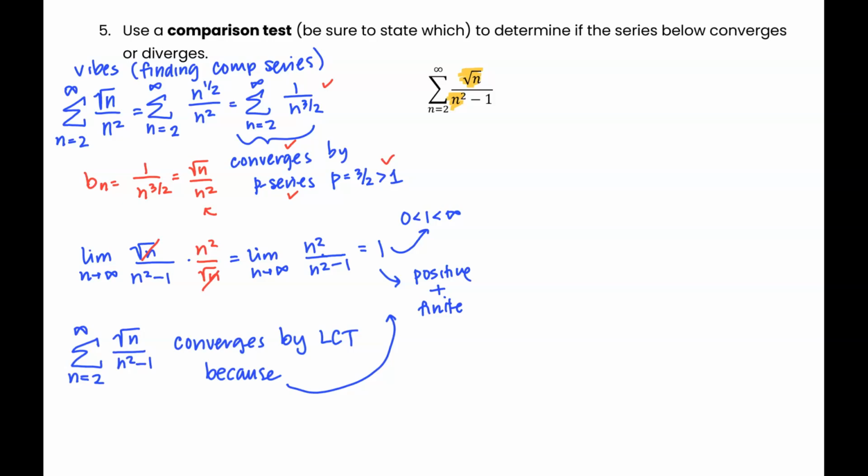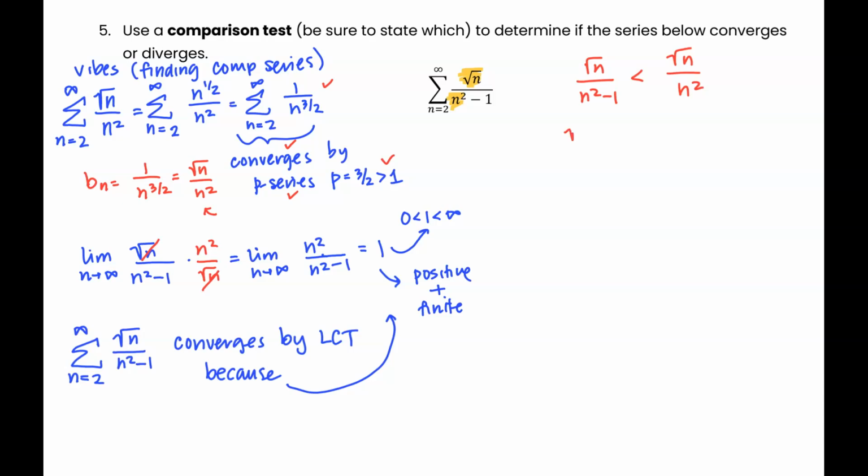If you do the direct comparison just to show you, with this same comparison series, you're trying to tell me that the square root of n over n squared minus 1 is less than the square root of n over n squared. In this case, we can definitely see that the left side has a smaller denominator than the right side. And so there's no way it's going to end up with a smaller value, right? Dividing by smaller numbers will result in larger numbers.